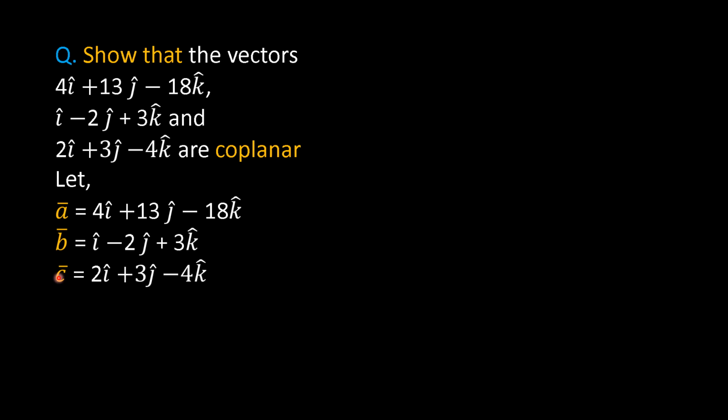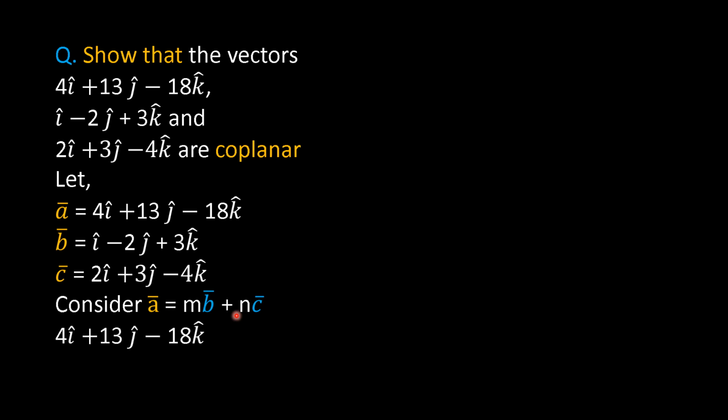So let us first express a bar as a linear combination of b bar and c bar. So we will write a bar equals m b bar plus n c bar, where m and n are non-zero scalars. So we will write the values of the vectors. This is a bar, m times b bar plus n times c bar.